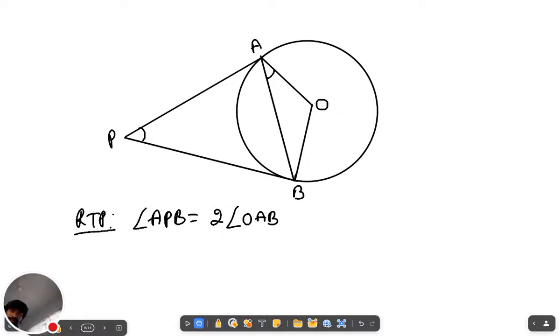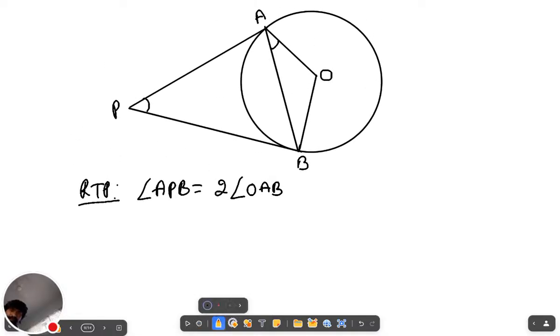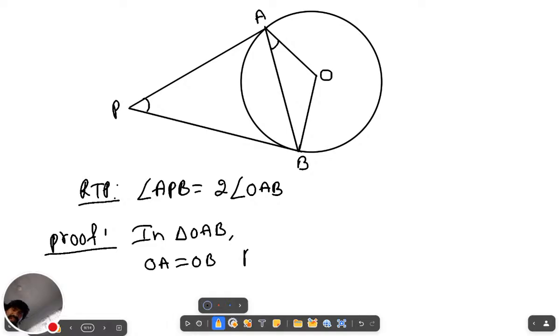Now in triangle OAB, we know that OA and OB are equal because they are radii of the same circle.